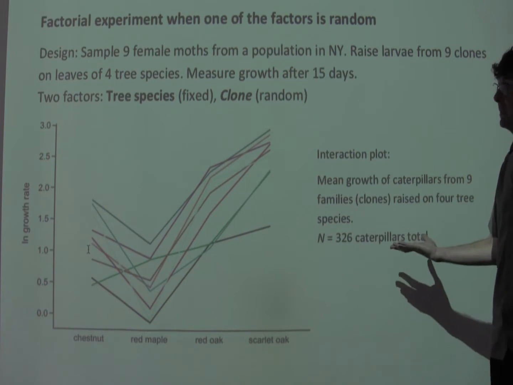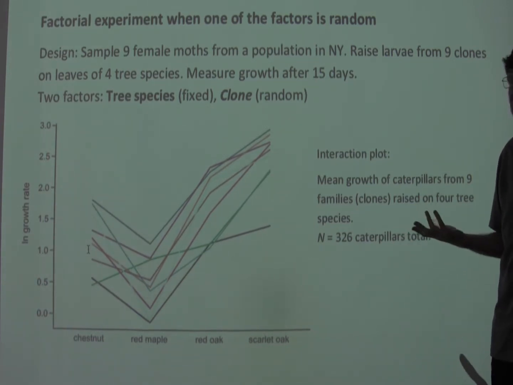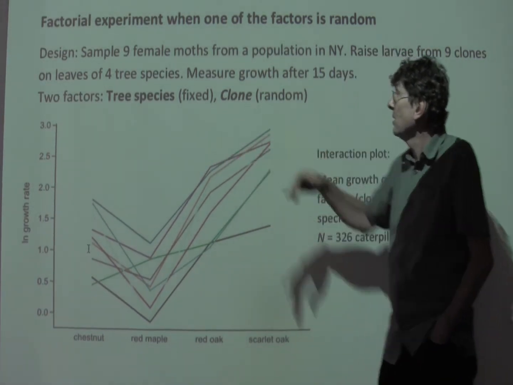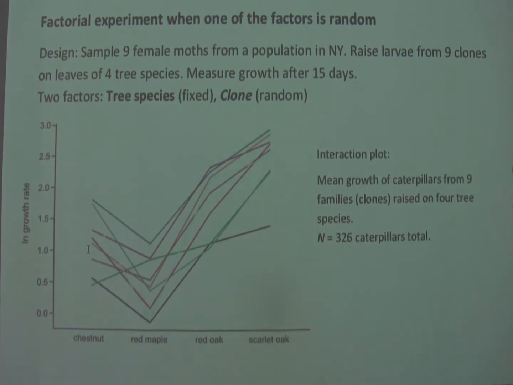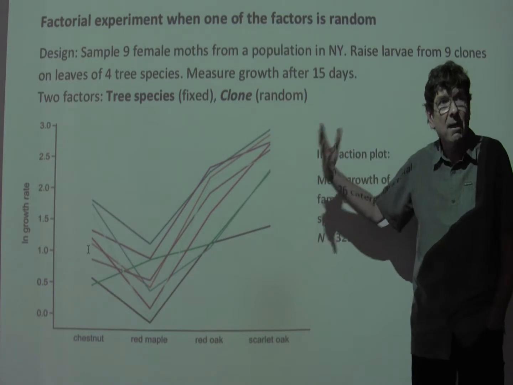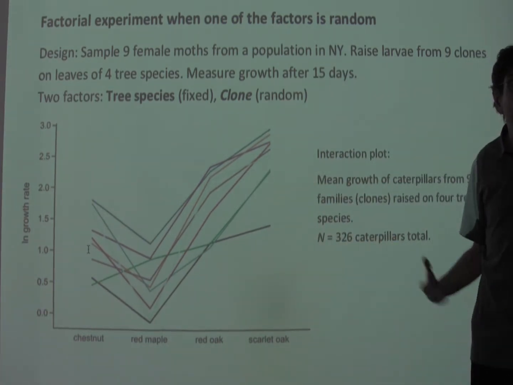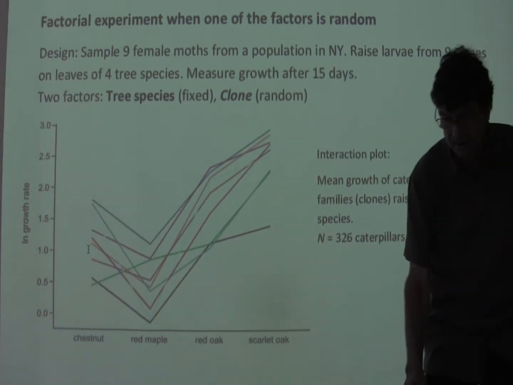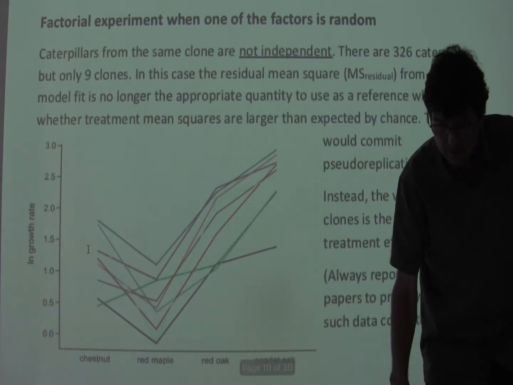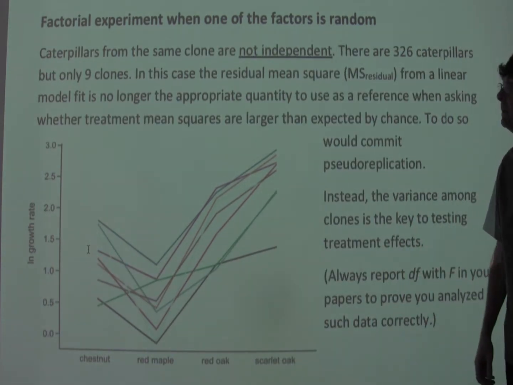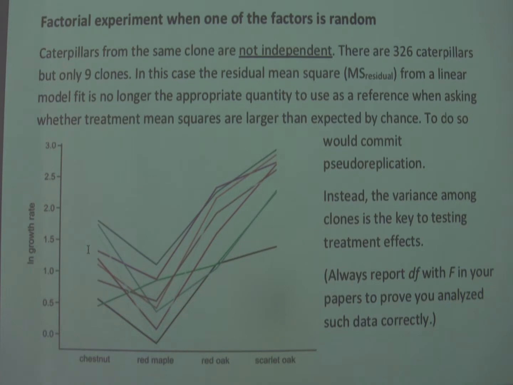So here's an experiment that's carried out, again with 2 factors, tree species and clone. And what's special about clone is that it's not a fixed effect, it's a random effect. And a random effect introduces another level of randomness, another source of variance to the model, and then must be incorporated in the analysis. So caterpillars from the same clone are not independent.